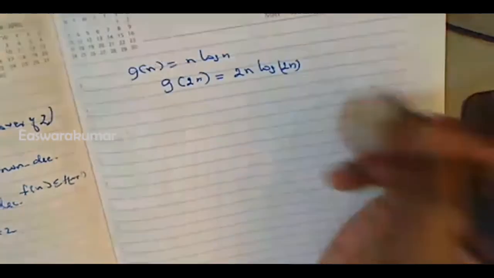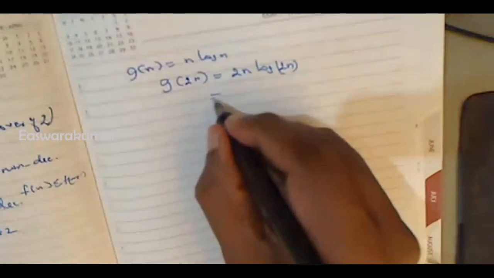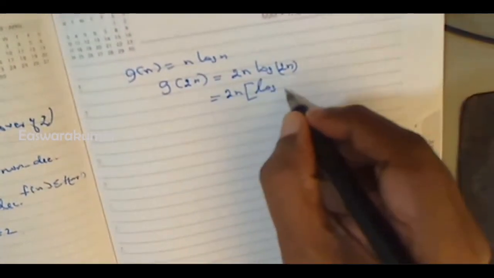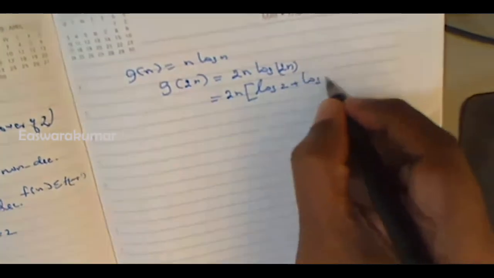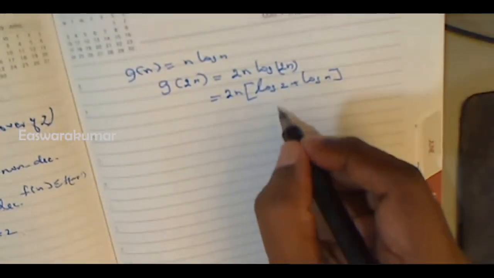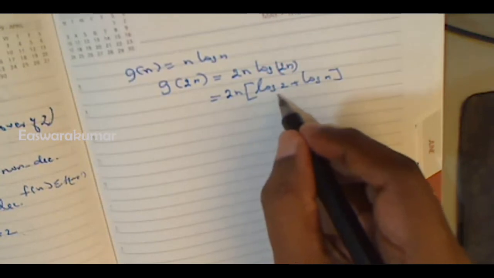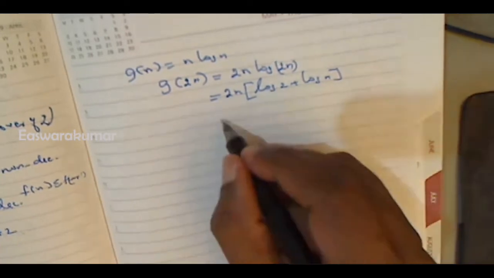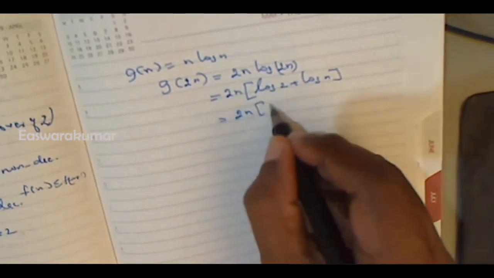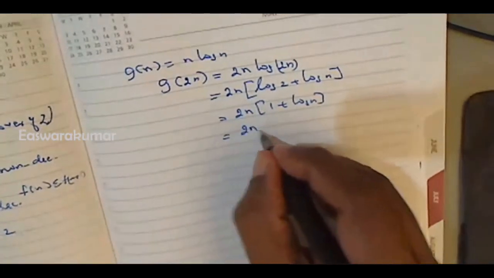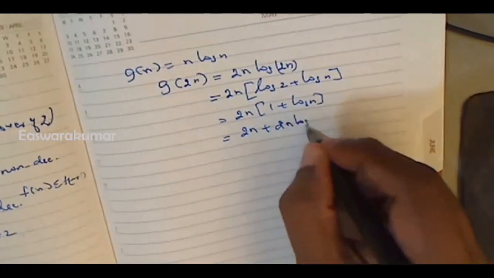Log ab is equal to log a plus log b, so log 2 plus log n. Log 2 to the base 2 is equal to 1, because whenever we don't specify, it is base 2. So this is equal to 2n times (1 plus log n). If we expand, we get 2n plus 2n log n.